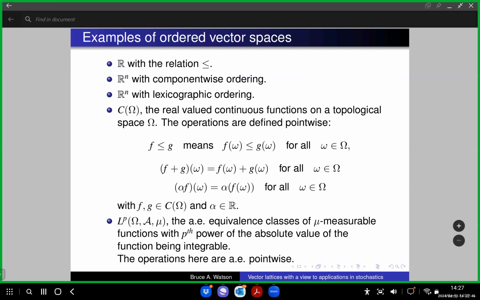It's a vector space over itself, and the partial ordering on the reals is compatible with the algebraic structure, making the reals into an ordered vector space. Rn with component-wise ordering is again an ordered vector space. It's relatively easy to check. Rn with lexicographical ordering is a partially ordered vector space. That is not so easy to check. It takes a little bit more hard labor, and notation is a bit messier.